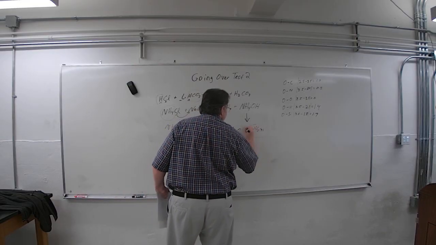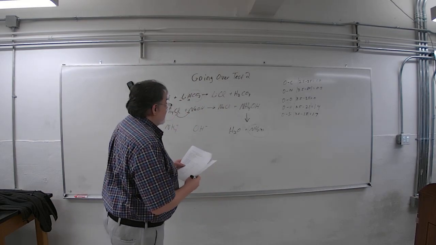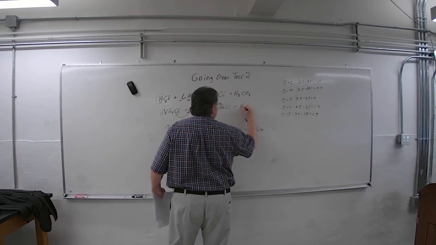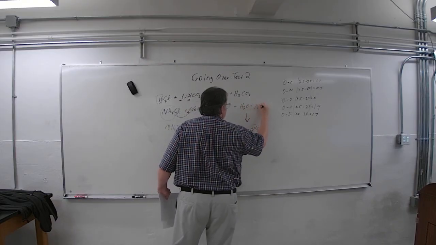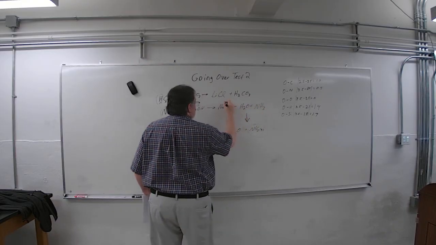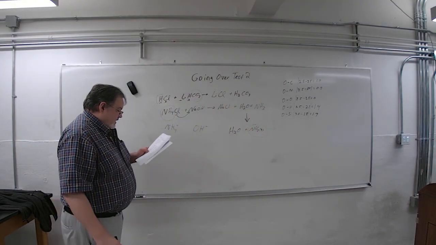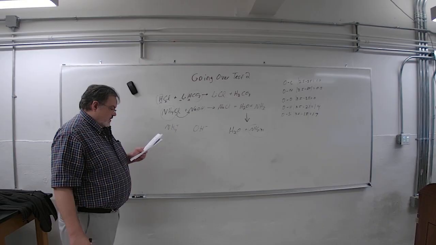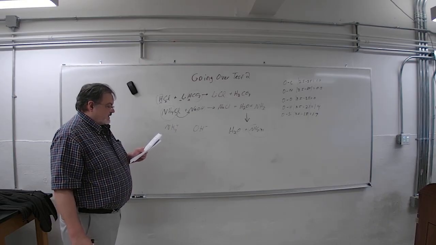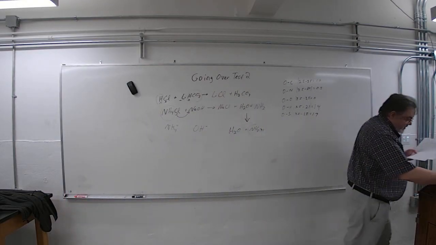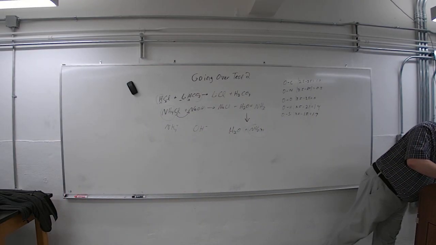NH3 is a gas. So the products are H2O, NH3, and NaCl. That's C.